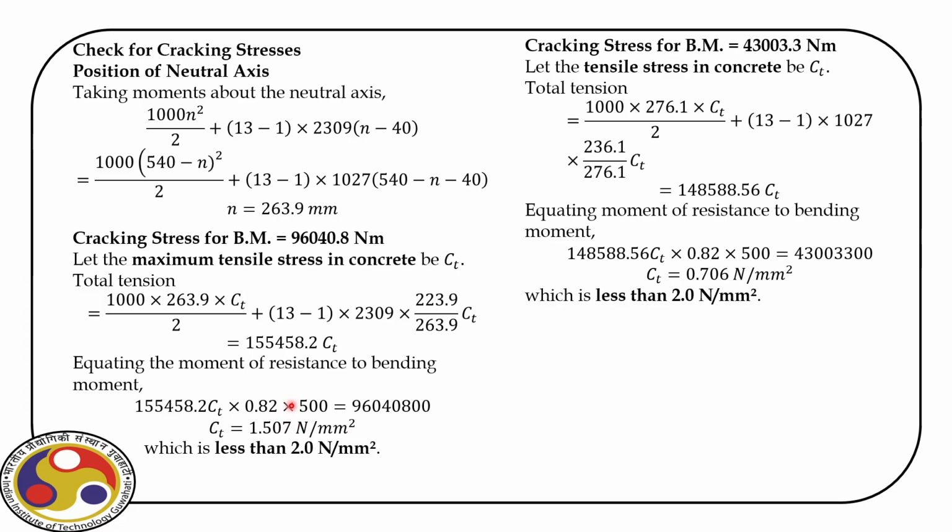So you repeat the same test for the other side where the bending moment is 43,003.3 Newton meter, and for that again we repeat the same exercise. We find out CT, which is 0.706 Newton per millimeter square. Again it is less than the allowable value. So for the cracking stress, the design is safe.